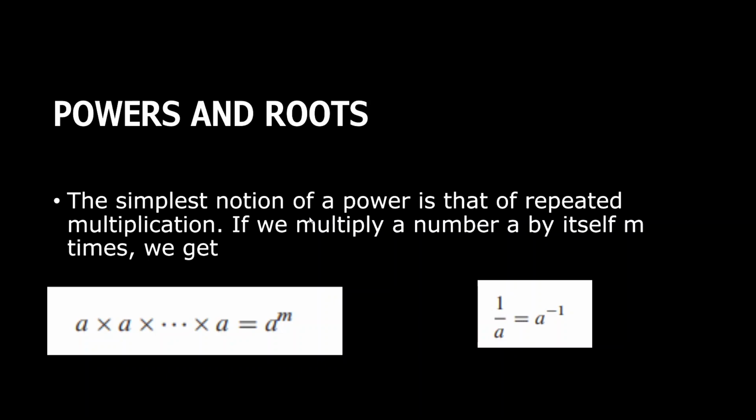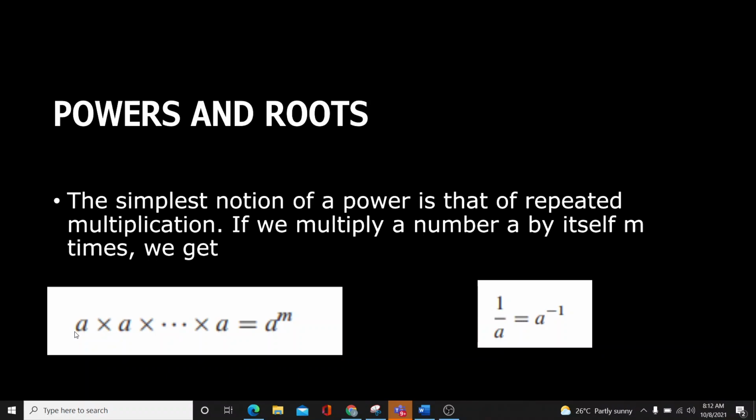When we say powers and roots, of course alam na natin yan. The simplest notation of a power is that of repeated multiplication. If we multiply a number a by itself m times, for example, a times a times a times a, is equal to a raised to m.